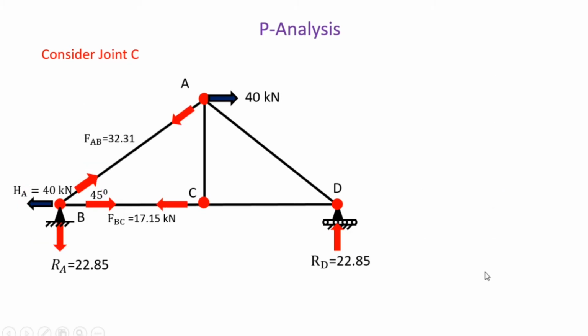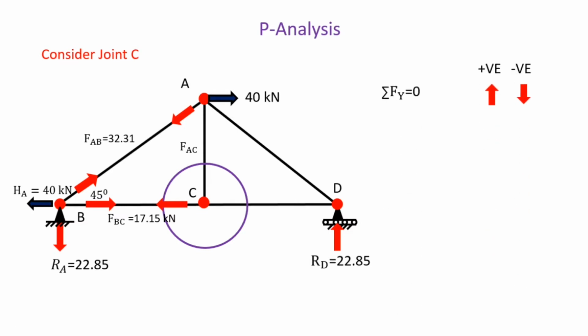Then we are considering the joint C here, and the force is FAC. Now here we apply the sigma Fy condition because this member is vertical, so vertically upward is plus and downward is minus. So we can say that at joint C there is no vertical force, that is why directly we can say that FAC is equal to 0.